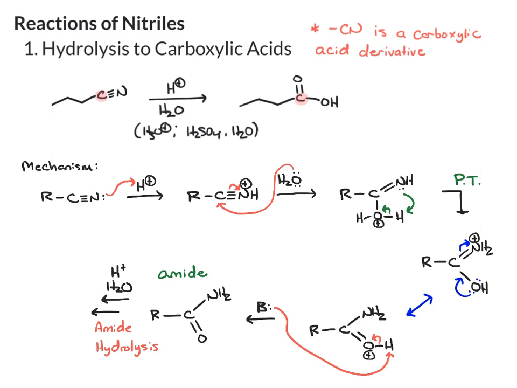And from there, what you end up with is your carboxylic acid, and then your amine comes off. Again, just keep this in mind. We will be learning this mechanism later on.